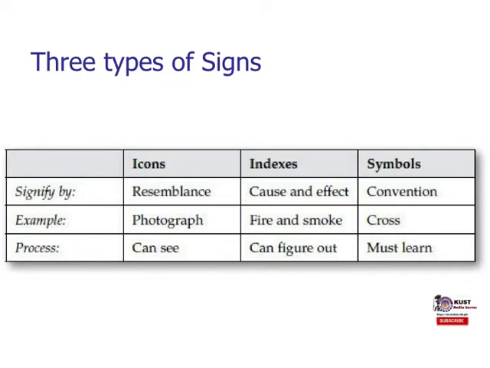They are recognized through conventions. For example, if we talk about the cross, you cannot give meaning to a cross. It's by conventions over a period of centuries that people have given that meaning to a cross as a symbolic sign of Christianity. So when you look at icons, you can clearly see what it is. When you look at indexes, you can figure out what it is. But when you look at symbols, you must learn what it means.